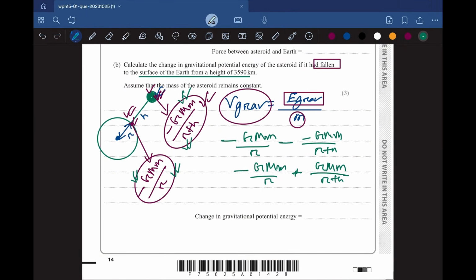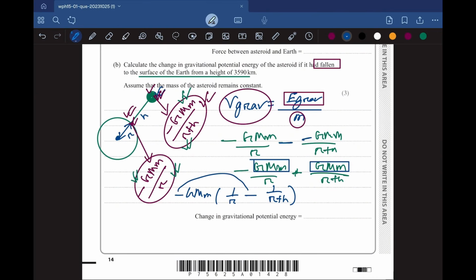Now we can see that minus GMm is common in both the parts, so we can take that common. So to take that common, we will write minus GMm into 1 by r minus 1 by r plus h. I have taken this minus and this minus, so this is how it looks.